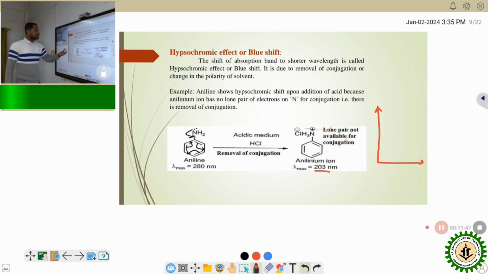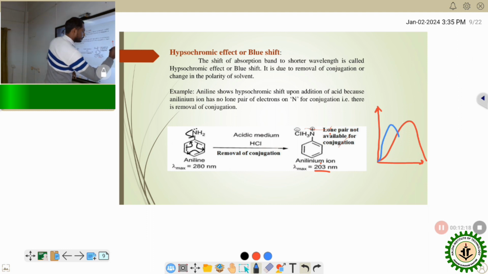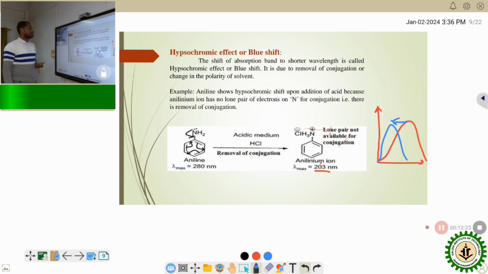Why is this lower than aniline? Because the lone pair is not available for conjugation with the benzene ring. In aniline the lone pair is available for conjugation, but in the anilinium ion it is not. So here blue shift is observed. This shifting towards a shorter wavelength region is known as hypsochromic shift or blue shift.